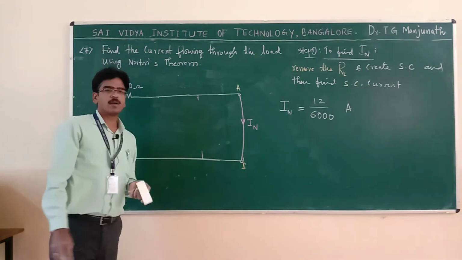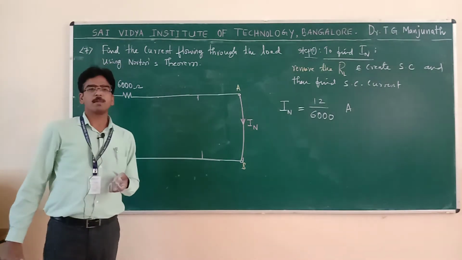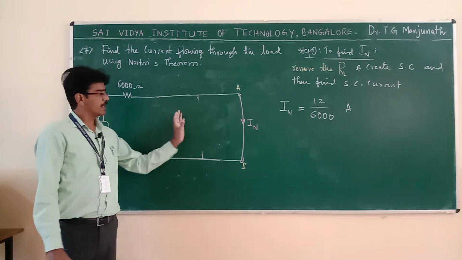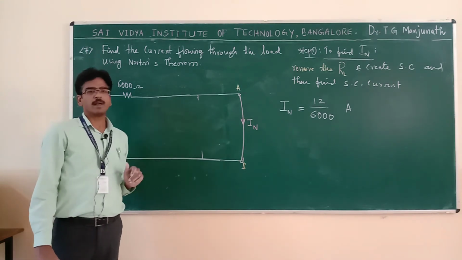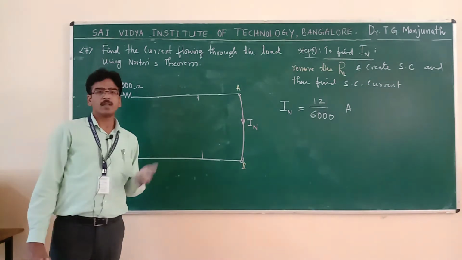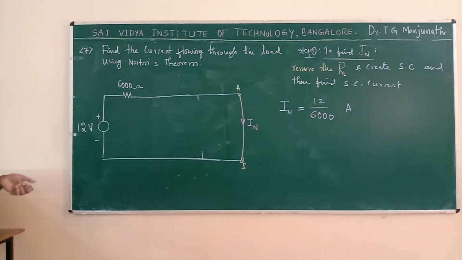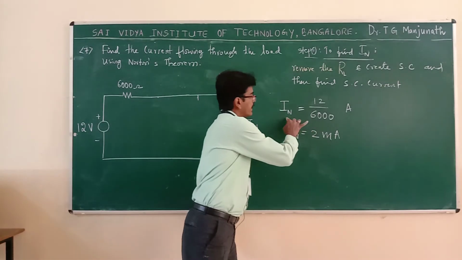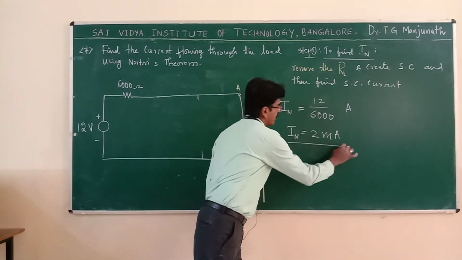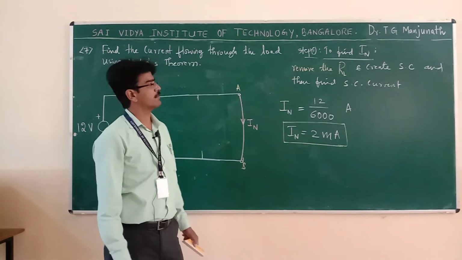This is how simple it is to find IN without going for mesh or nodal analysis, if you know this concept of neglecting the elements, or when we have to consider the elements to be redundant in the network. So, IN is equal to 2 milliampere. This is called the short circuit current for this network.